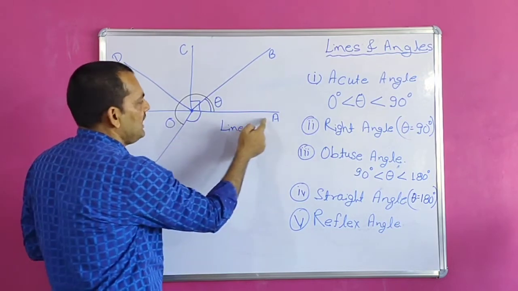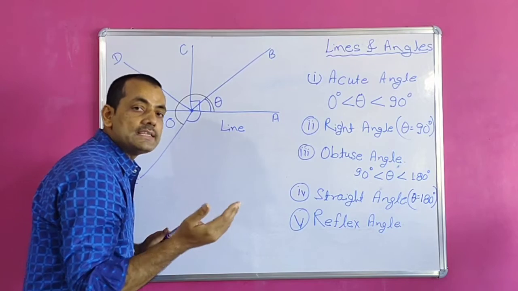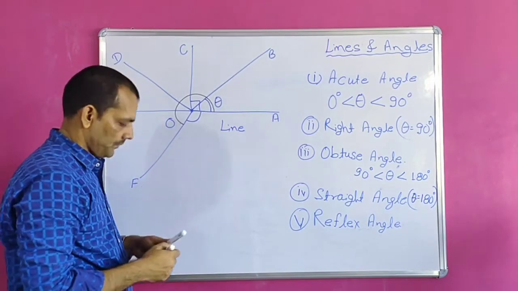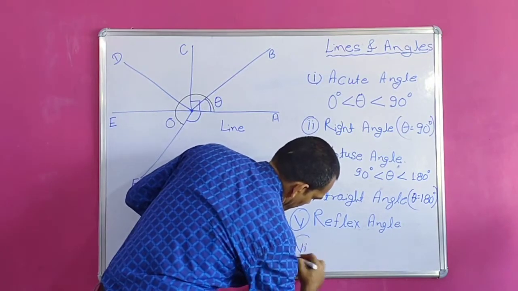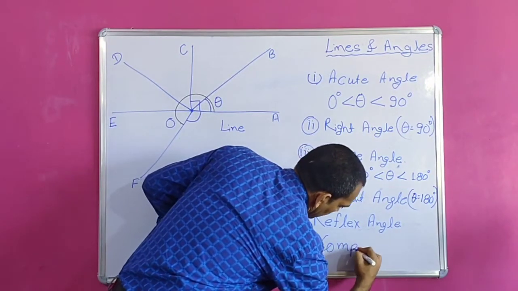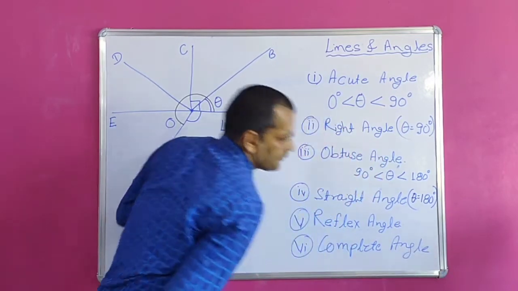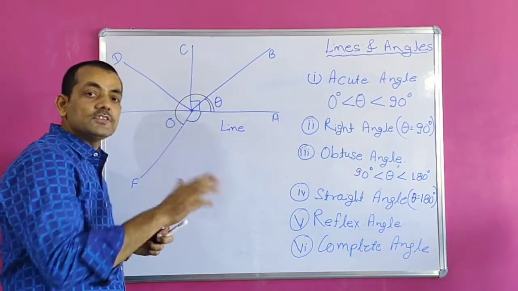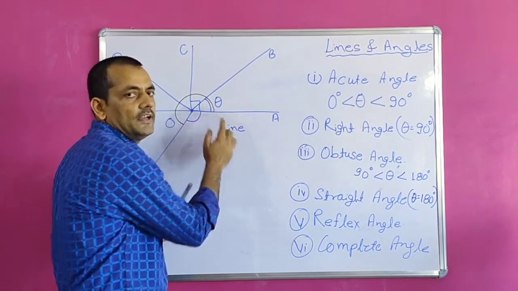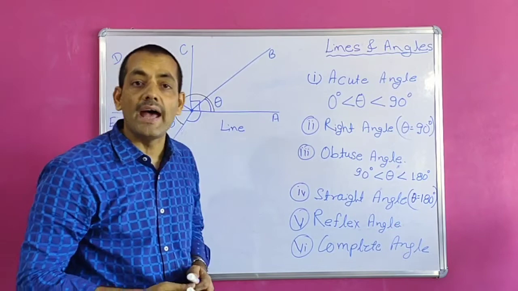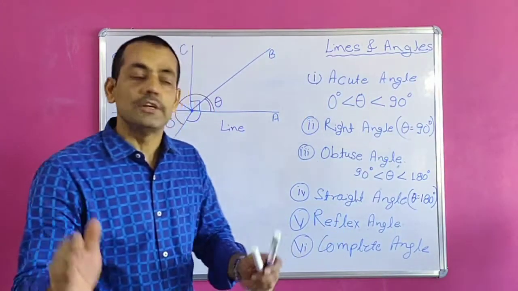This reflex angle is more than 180, less than 360. And the last one is the complete angle, which has a value of 360 degrees.